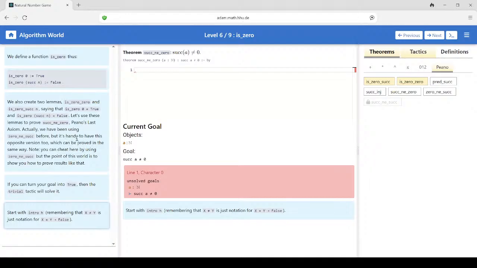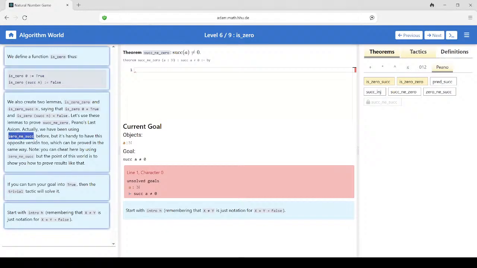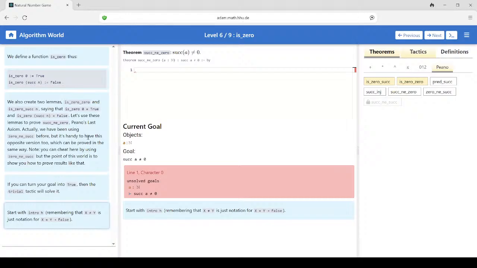Where was I? Actually, we have been using 0 NE successor before, but it's handy to have this opposite version.